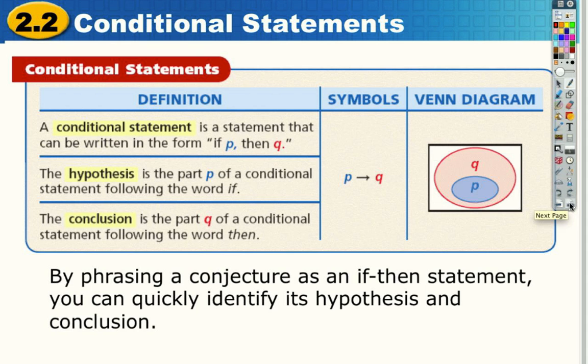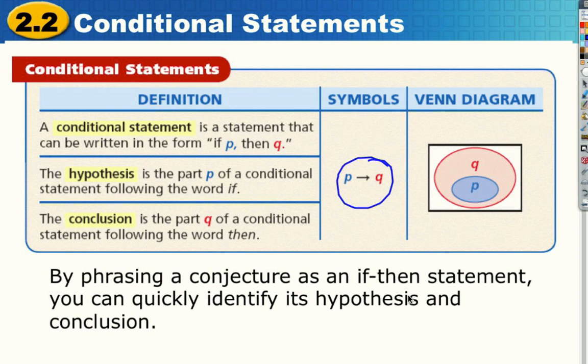A conditional statement is what you learned last time: a statement that can be put in the form of if, then. If P, then Q. This can be written in symbols, which you learned already.